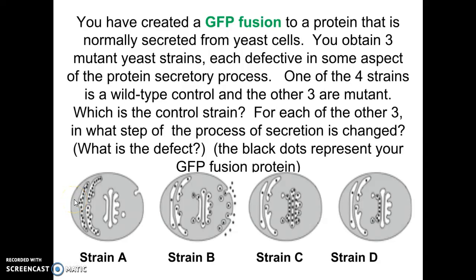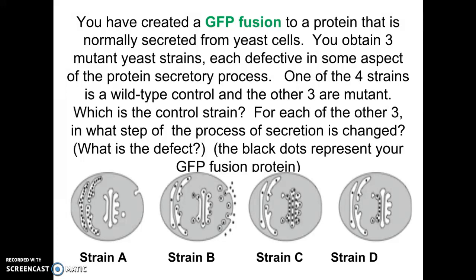So whether it's pulse chase or GFP fusion protein, we can look at where breakdowns in intracellular trafficking happen by looking at mutants and what they are not able to do.